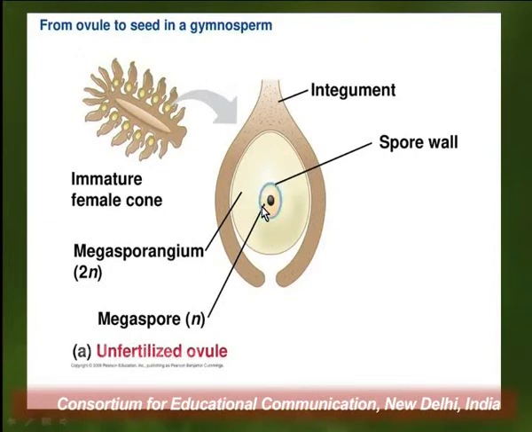Here we can see only one megaspore. This megaspore is always surrounded by a spore wall, and within this spore wall, the megaspore undergoes multiple mitotic divisions, and these mitotic divisions make this entire structure a multinucleate female gametophyte. So the megaspore represents the first cellular generation of the female gametophyte.